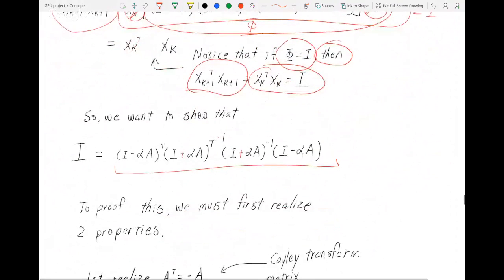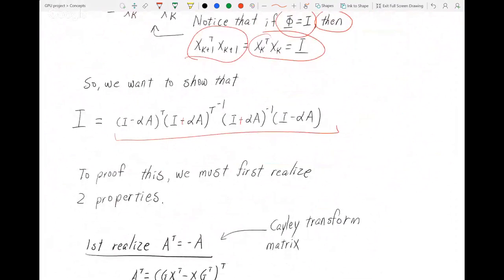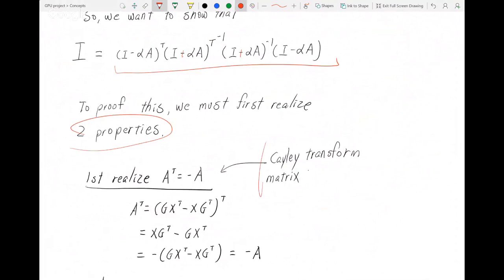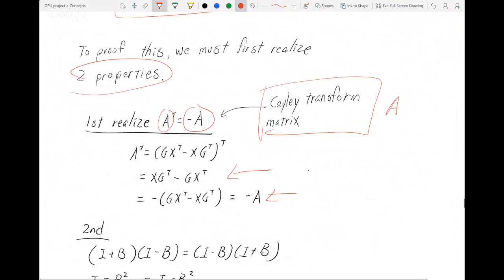So to prove this, we need to first realize two interesting properties. The first is that the Cayley transform matrix A, the transpose of that is actually equal to the minus. And you can prove it in 2 lines. Just write it out, put a transpose, and you see that it's the negative.